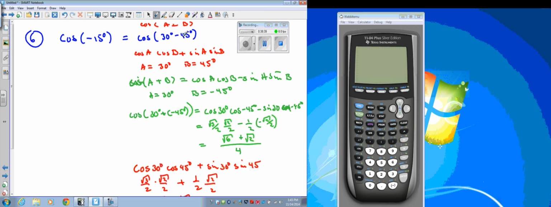If I'm using a sum, then I have to use a positive 30 plus a negative 45. This is my identity for the sum, and this one is my identity for the difference. I'm doing it both ways, so there's no exact way that you do it. Does that make sense? All right.